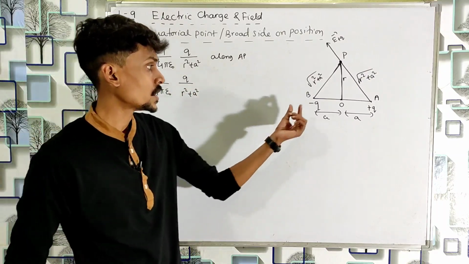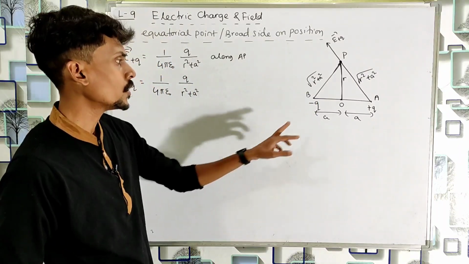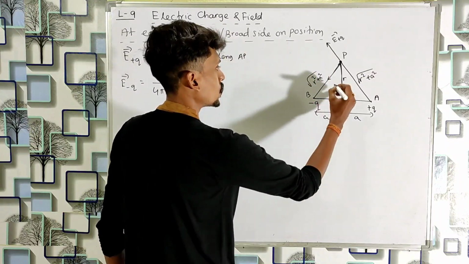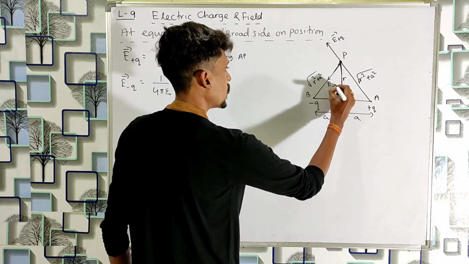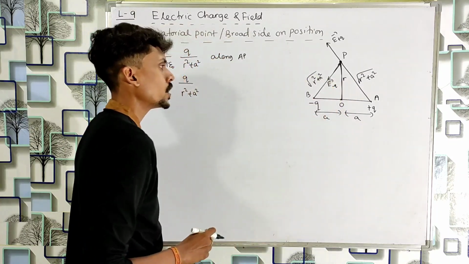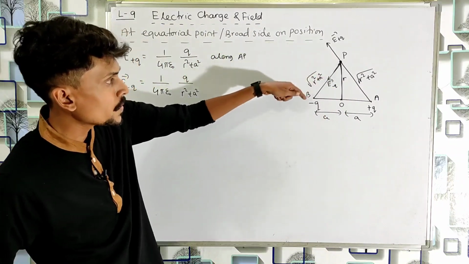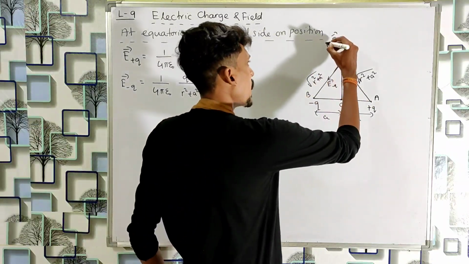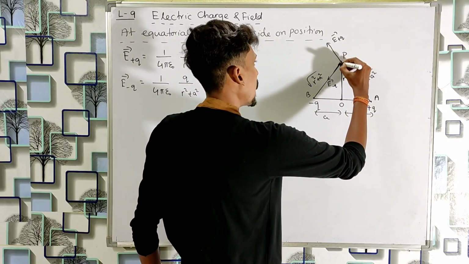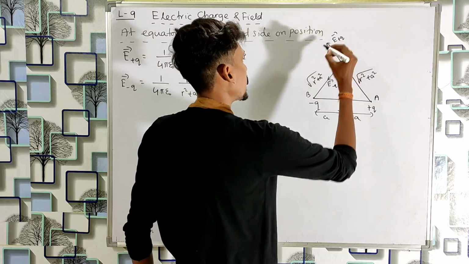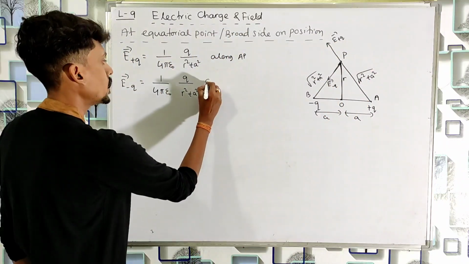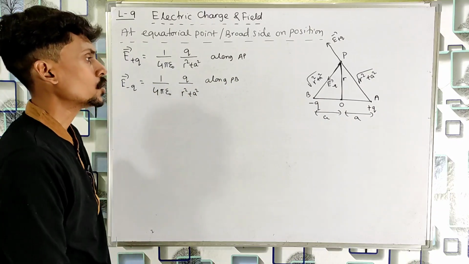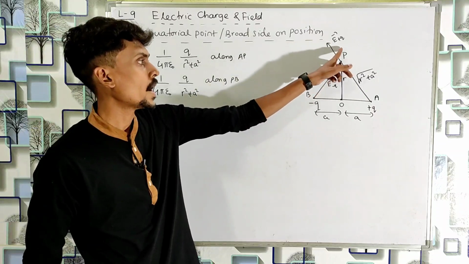Since this is a negative charge, the electric field due to the negative charge will be directed toward the charge. So this is the direction of E minus q. E plus q is along AP, and E minus q will be directed along PB. Write along PB. Is that clear? So we have two electric fields at the point P.